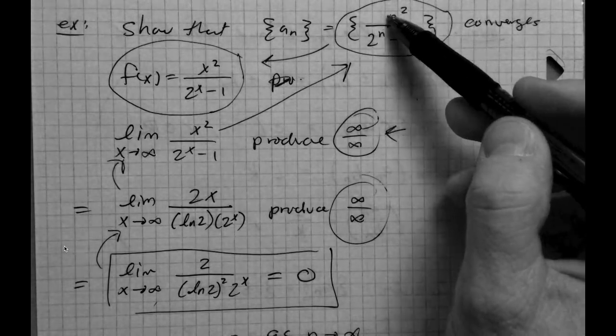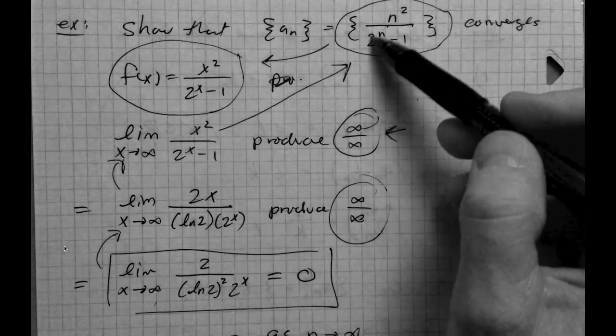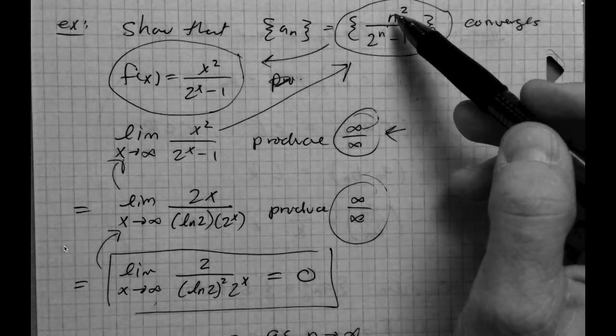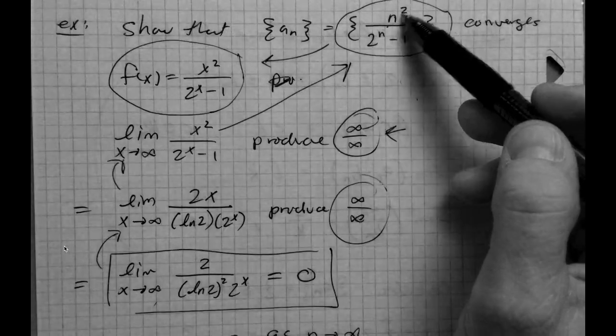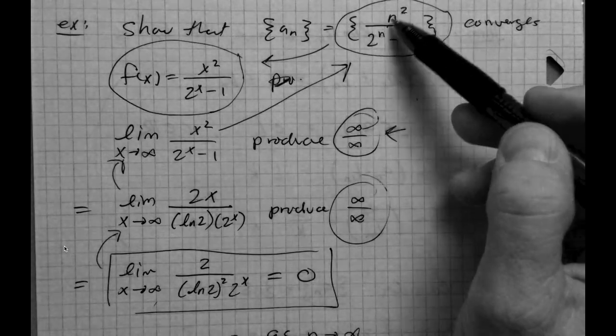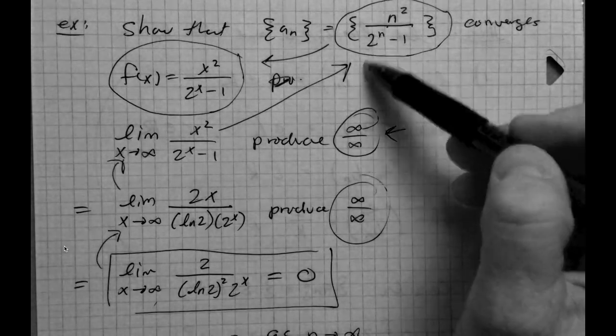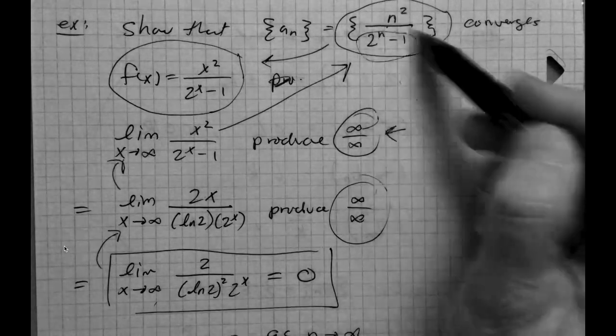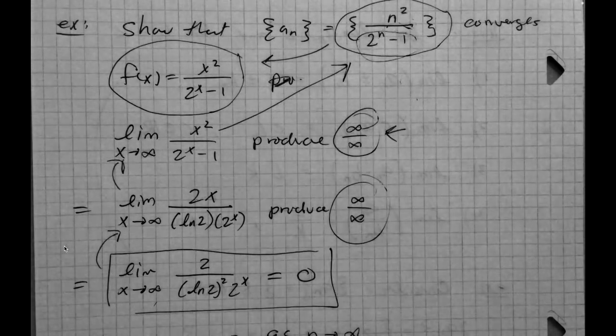So the top will be 3 squared, this will be 2 to the 3rd power. Once we get to 4, this is 4 squared, and then it becomes 2 to the 4th power, and then it's 5 squared and 2 to the 5th power. And so this denominator is going to overtake the numerator at a certain point.